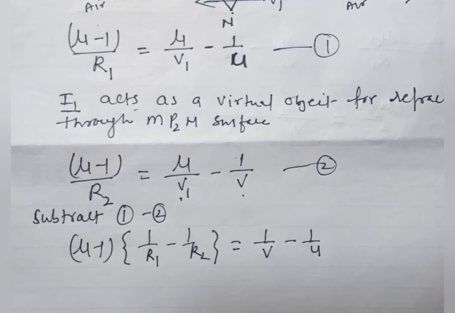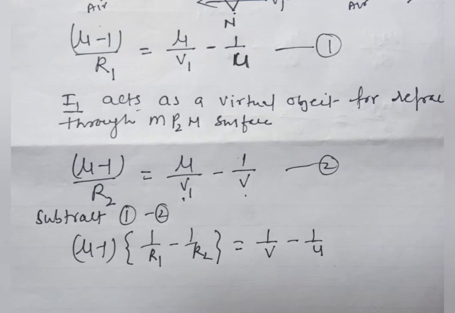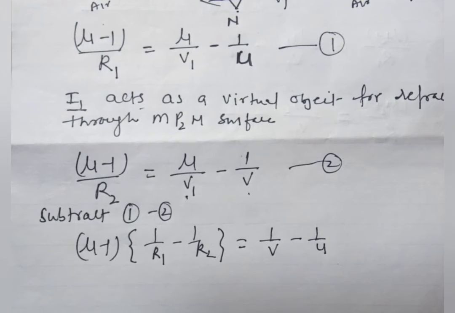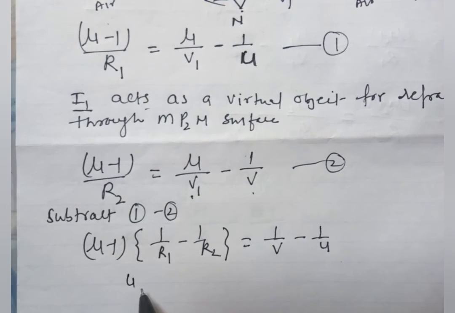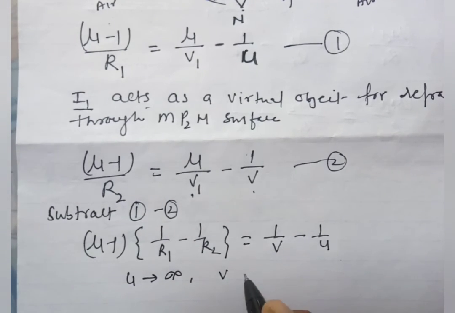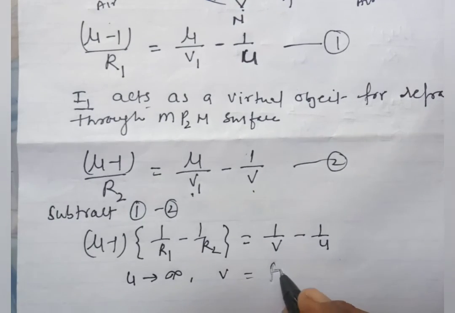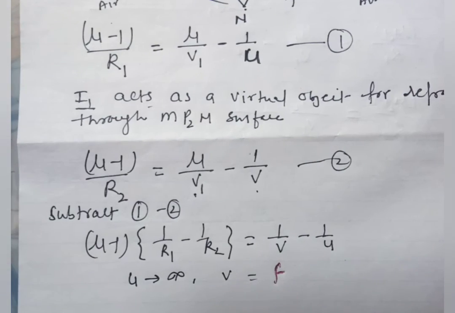Now we consider the object at infinity, so u tends to infinity, and the image tends to the focus. The final image will form at the focus.